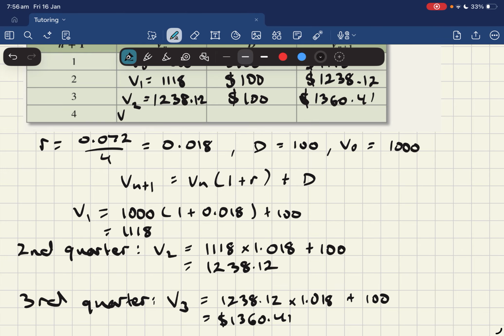So the previous amount, V3, is 1,360.41 per 100. And then your V4 is 1,484.90.